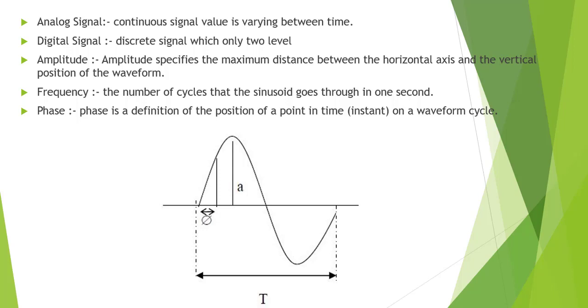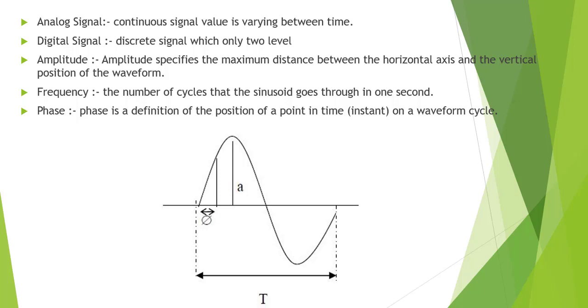Digital signal means a discrete value signal. It is used to represent data as a sequence of separate values at any point in time. It can only take on a fixed number of values.